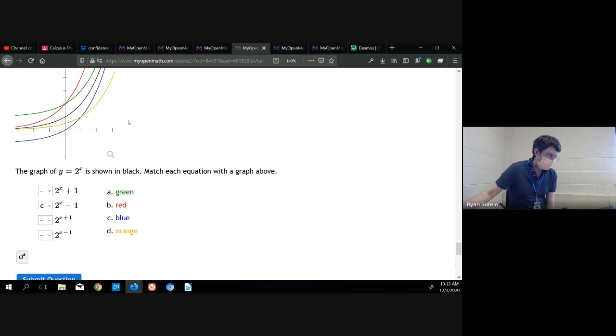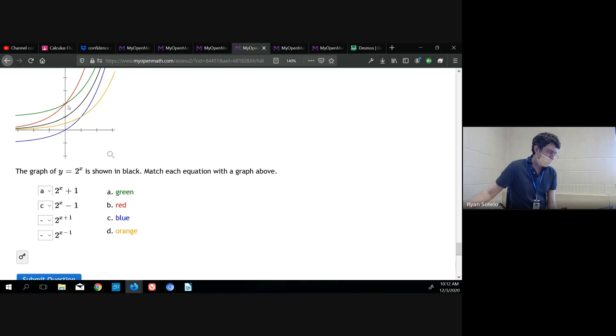Okay. The green one looks like it's been pushed up 1. Do you agree? Yeah. So what do you think that is? +1. The first one? Yeah. Now, if you remember, I said at 1, 2 to the 1 is 2.